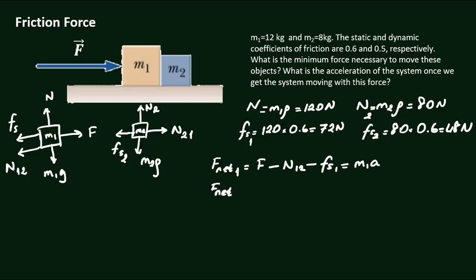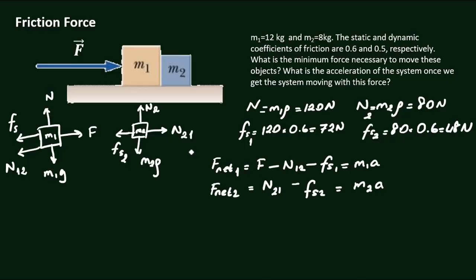The net force on the second one is N21 moving it towards the right, minus the friction force Fs2, equals M2a. Beautiful.